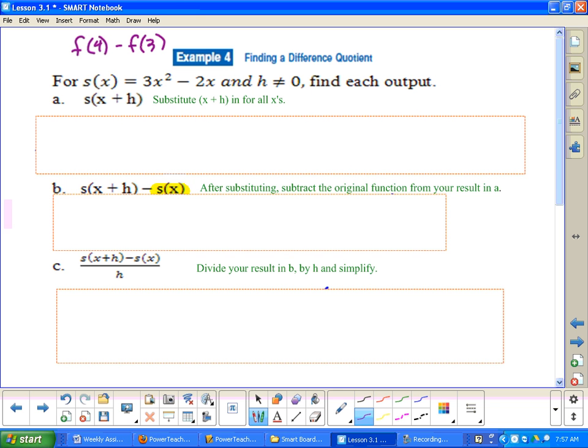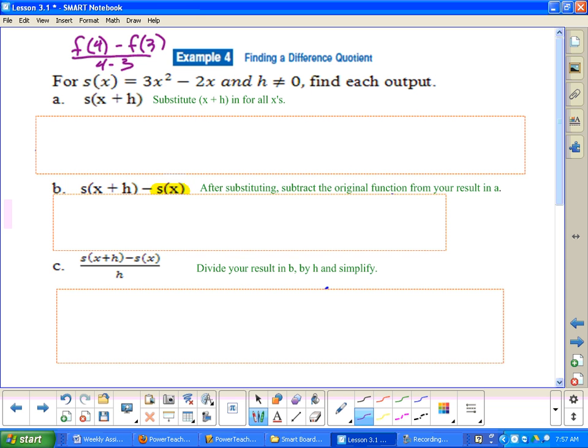So all we'd be doing is finding the rate of change of that. But what we're going to do is find the general form that would allow us, if we just stuck a number in there, to find it. So when it says find s of x plus h, all we're doing is replacing x with x plus h.